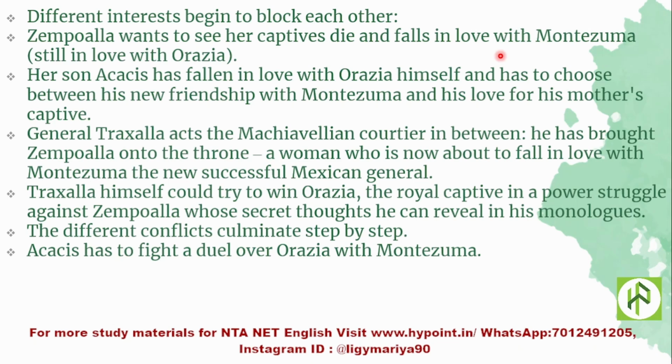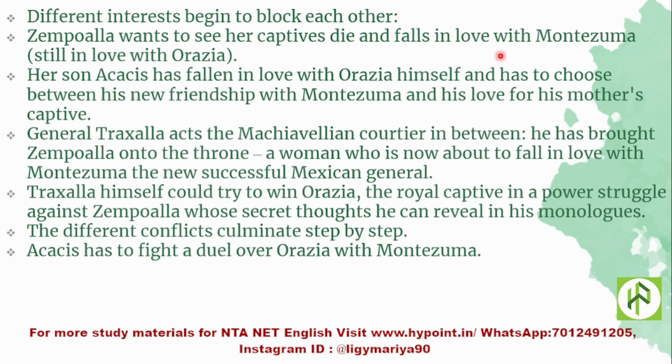In the meantime, she wanted to sacrifice both this father and daughter, and she wanted these two captives to die. But she also fell in love with Montesma. Montesma is still in love with Orazia, so they have different interests.